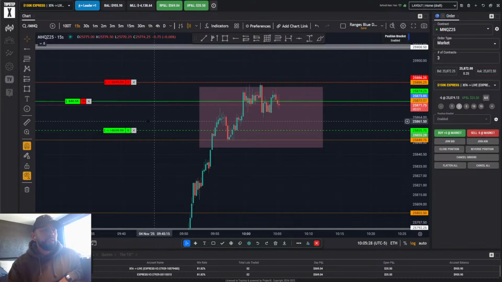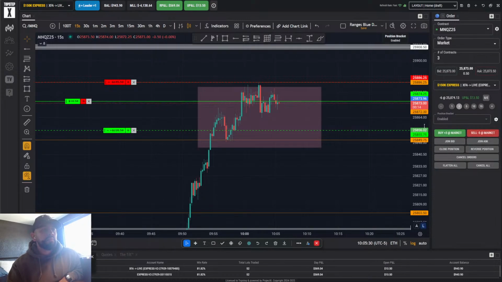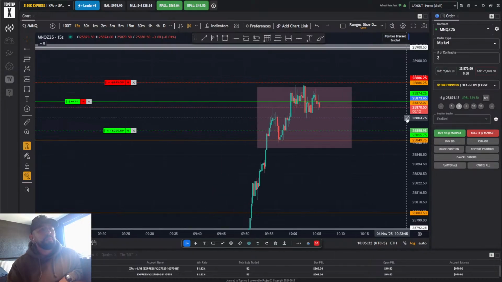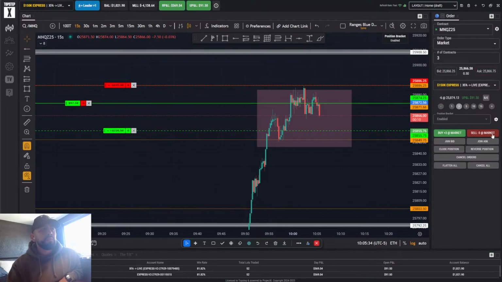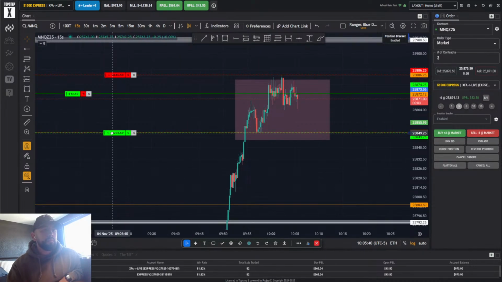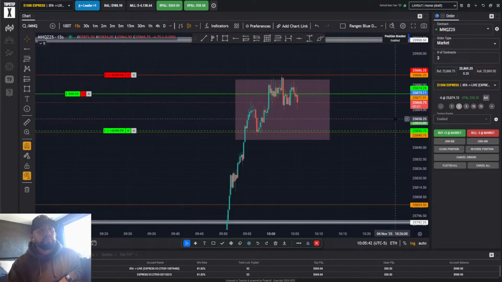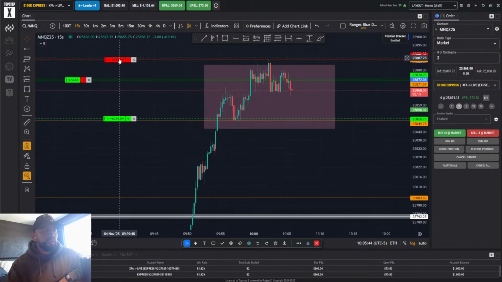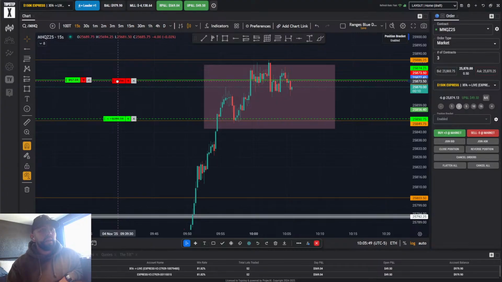Order filled. Once we break that low, I will move my stop to break even.